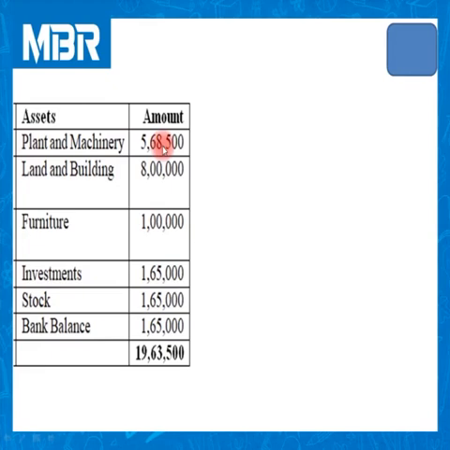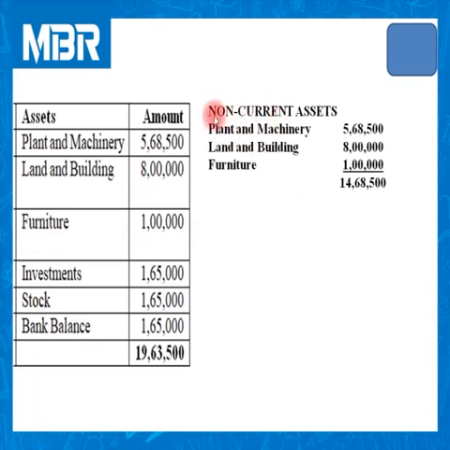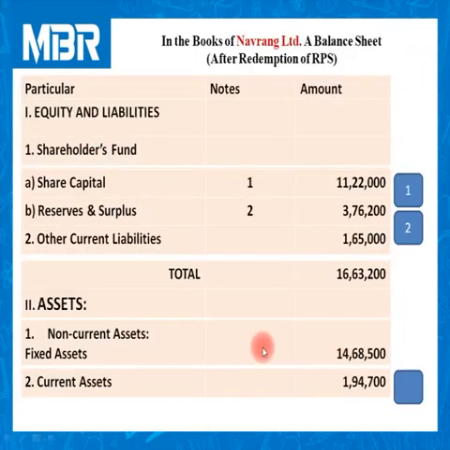Plant and machinery 5,68,500, land and building 8 lakhs, and furniture 1 lakh. Plant machinery, land and building, and furniture, all these three items are included under the category of non-current assets or fixed assets. Total of all three fixed assets is 14,68,500. That you can check over here.